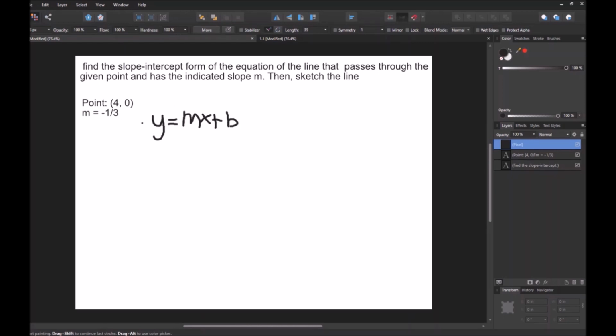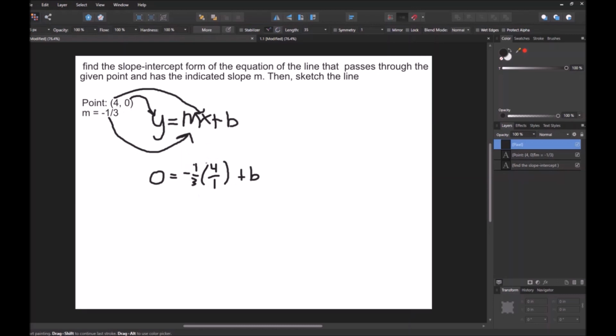And once again, we're going to plug in all the numbers to their respective variables and solve for b. So we're going to have 0 equals negative 1/3 times 4. And I like to write the whole fraction when I'm multiplying fractions. So negative 1/3 times 4 over 1 plus b.